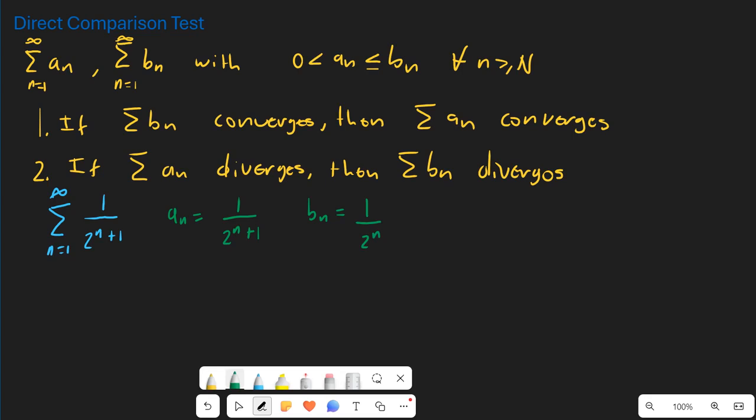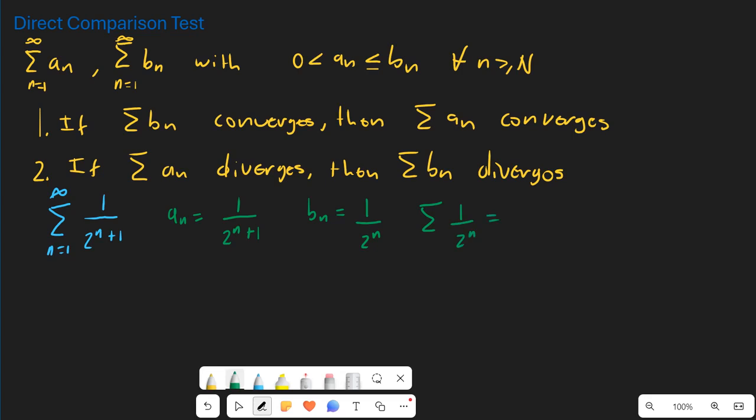Looking at the 1 over 2 to the n plus 1, you more or less want to find a sequence that compares to it. Usually we just truncate the term and get rid of the plus 1. But the question becomes, what do we know about 1 over 2 to the n?